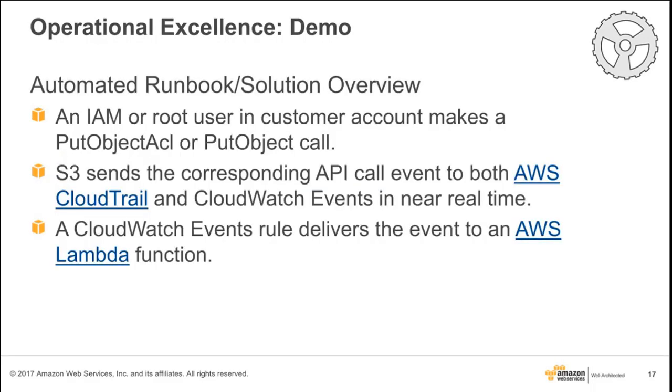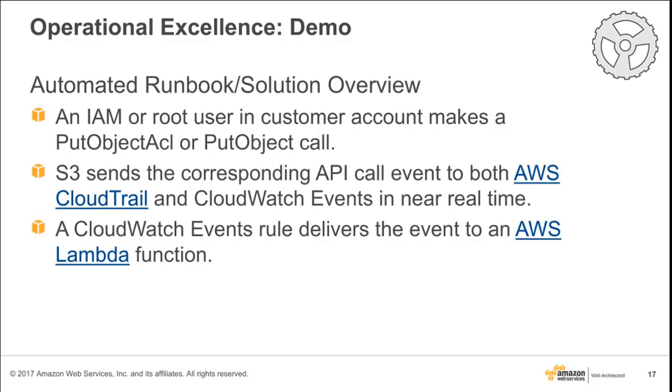Here's an overview of the steps of an activity that could take place within S3. Keep in mind, in the blog, it's pointed out that this is a reactive approach that should be used in conjunction with prepared and very defined IAM and S3 configurations. Running through the situation, an IAM user or root user in a customer account makes a put object ACL or put object call.